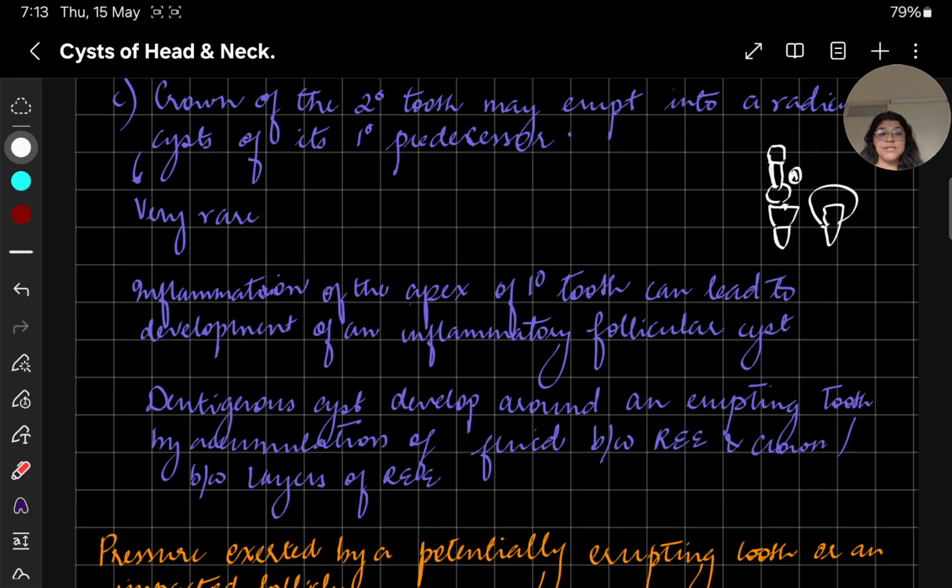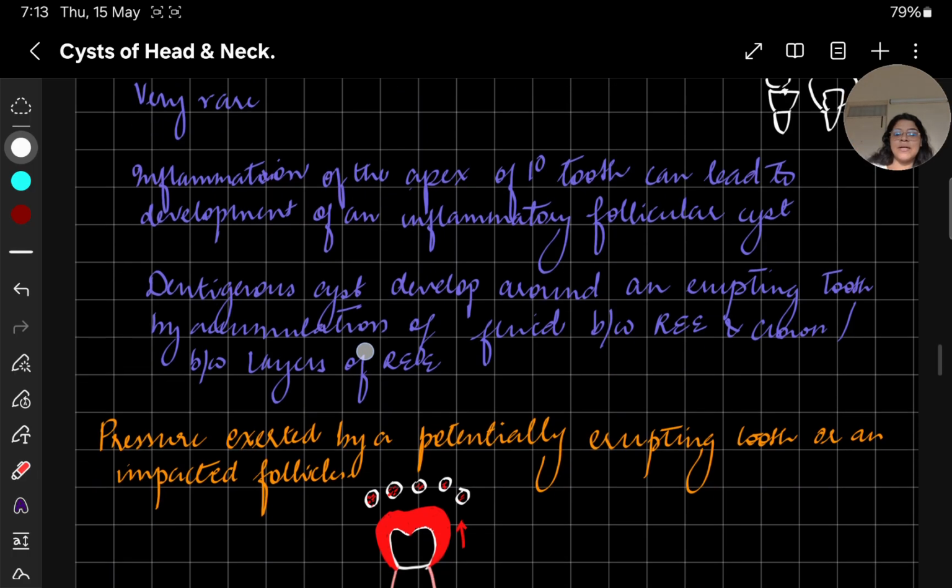Dentigerous cysts develop around an erupting tooth by accumulation of fluid between the REE and crown or between the layers of the REE.